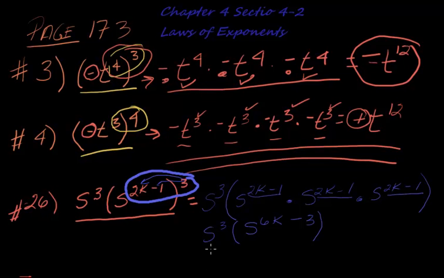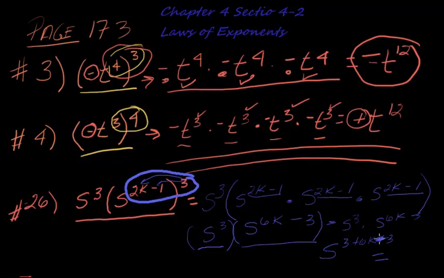Now, what do we do with this? This is s to the third times whatever is in here. When we multiply this, we add the exponents. So this is s to the third times s to the 6k minus 3, which is s, and add exponents: 3 plus 6k minus 3.